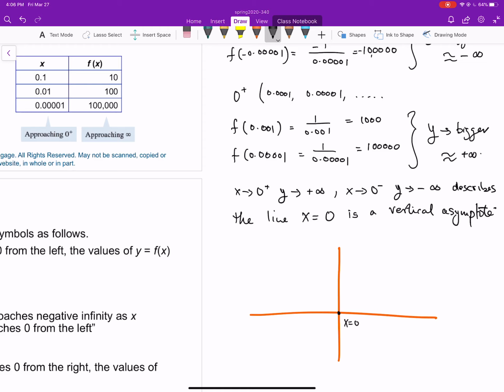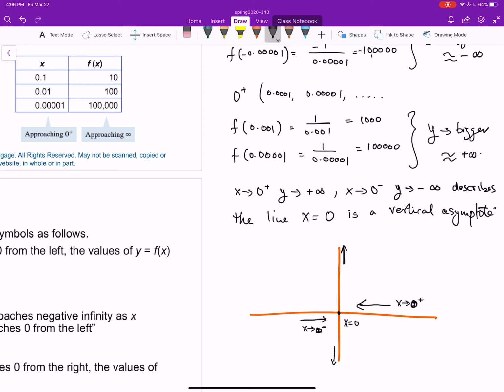And coming from the left, it told us that the graph was going to negative infinity. And then coming from the right, as x approaches 0 from the right, it told us that the graph was behaving like that. It was getting closer and closer to positive infinity.